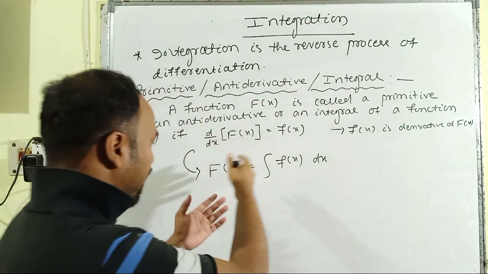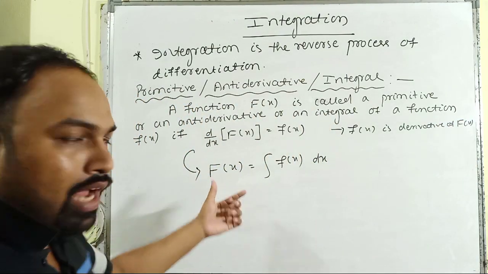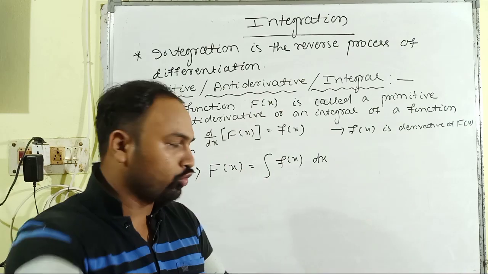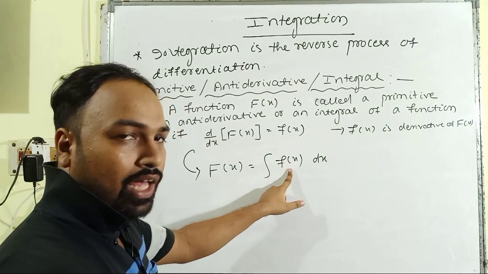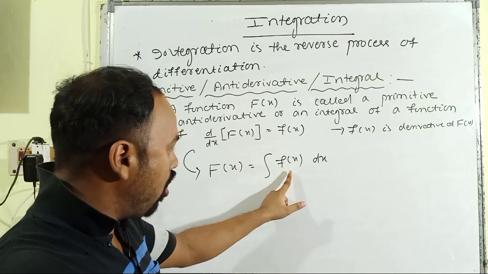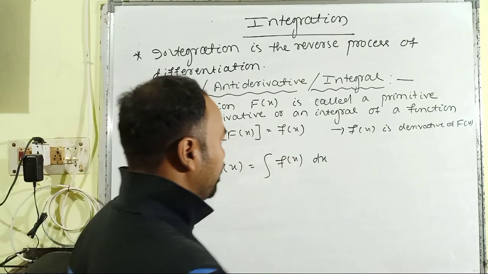But when we are going to convert this situation and acquire the reverse process, then capital F of x is the integral, or primitive, or antiderivative of small f of x.